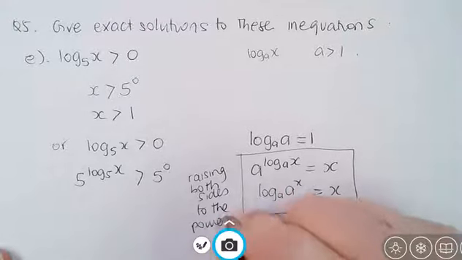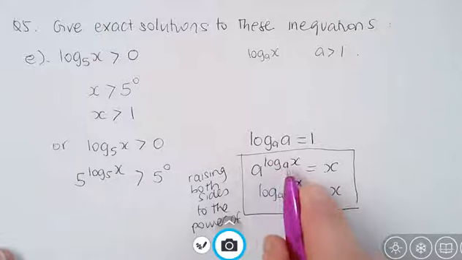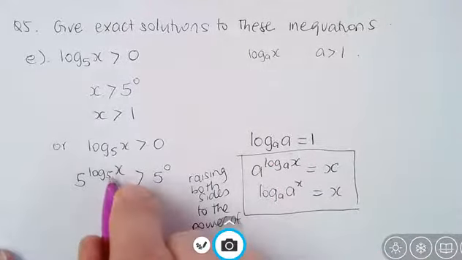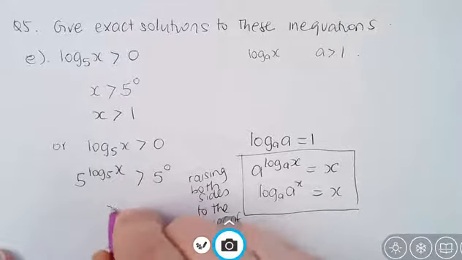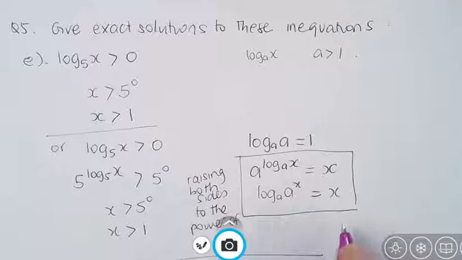Now that uses this rule here, a to the power of log base a of x equals x. So the 5 and log to the base 5 go, and I'm just left with x is greater than 5 to the power of 0. In other words, x is greater than 1 as before. Just an alternative way of doing that.